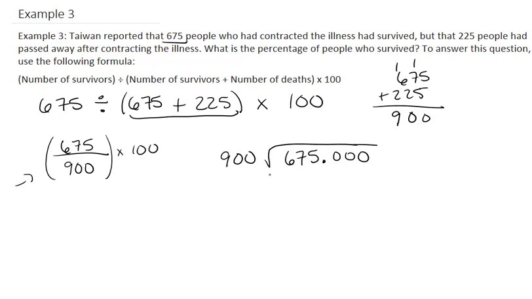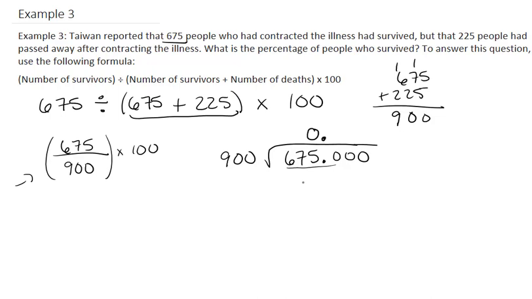As 900 can't go into 675, we'll place a 0 on top of the 1's spot. Then we'll carry the decimal straight up and place it right there. Now, 6,750, as we look at all of this, 900 can go into that.